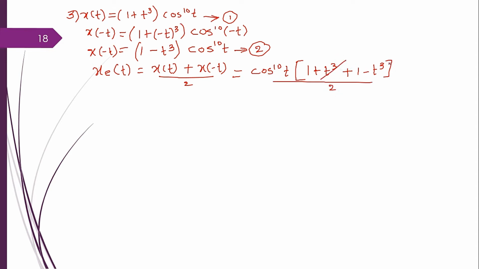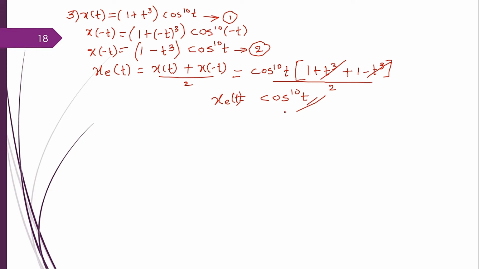So t cube and minus t cube cancel. So I will get 2 into cos raised to 10 of t, because 1 plus 1 is 2. So that 2 and this 2 cancel, and you will get the even component as cos of t raised to 10.